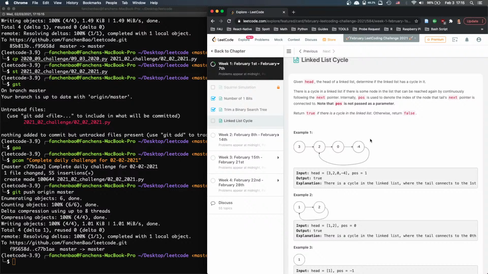I mean, if there is no cycle, then the two shall never meet. If there is a cycle, then the two will meet one way or another. Whether it's an even number or odd number, it doesn't really matter.